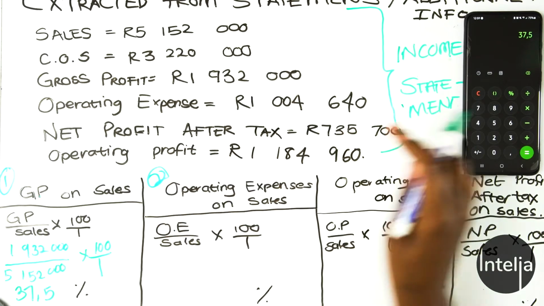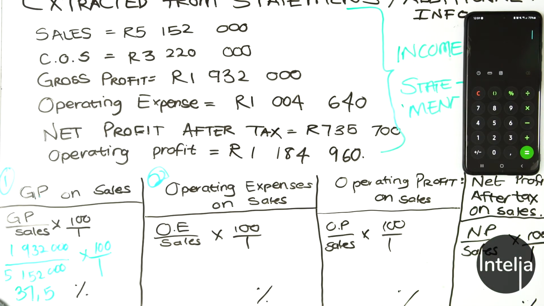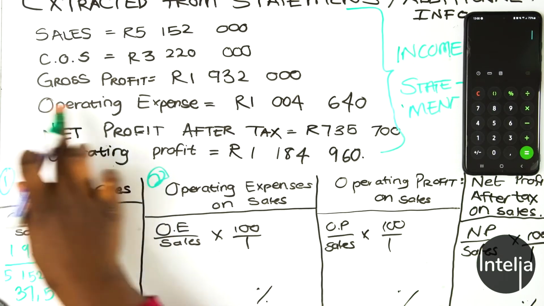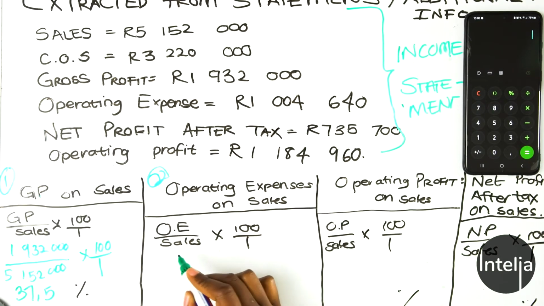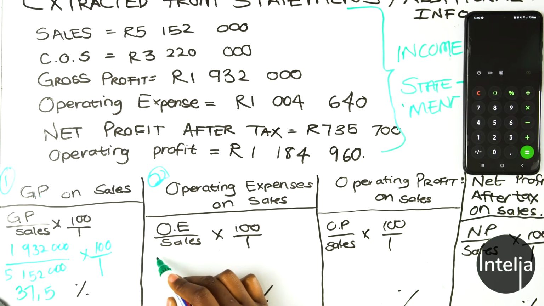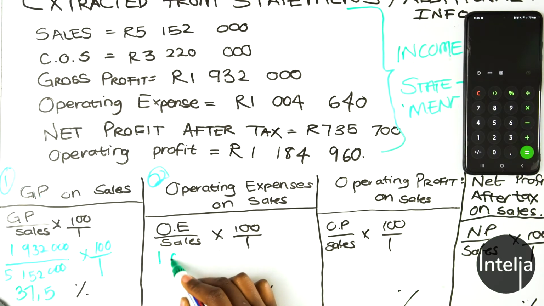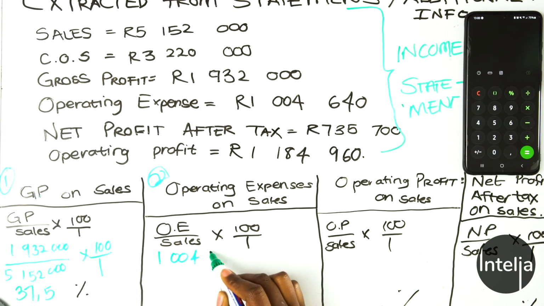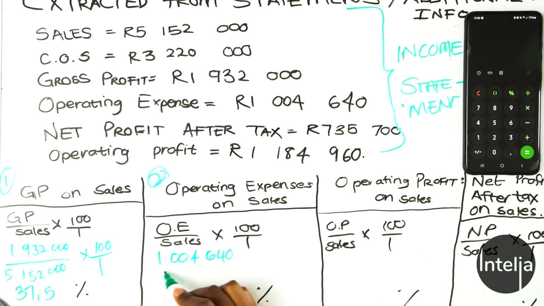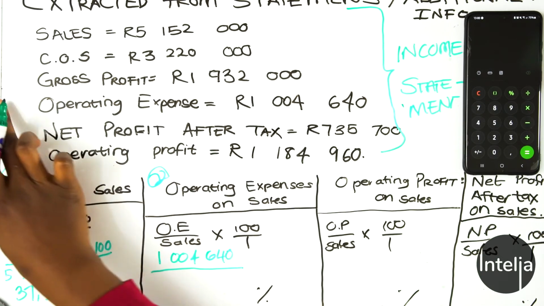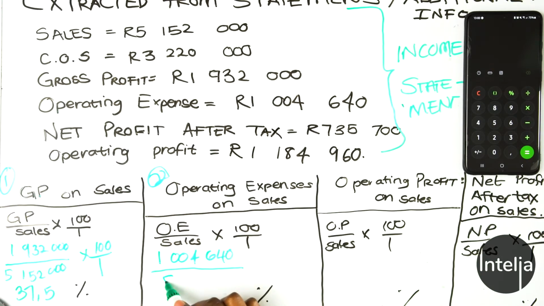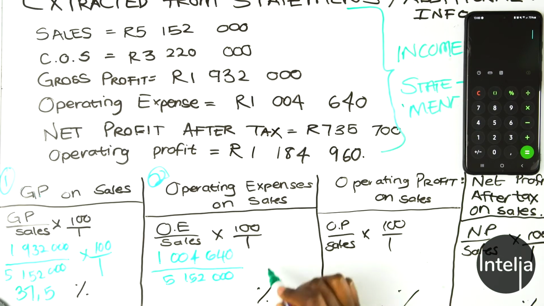Then question number 2, let's clear our calculator. It says operating expenses on sales. Operating expenses was 1,004,640, and our sales amount is the same, 5,152,000, multiplied by 100 over 1.